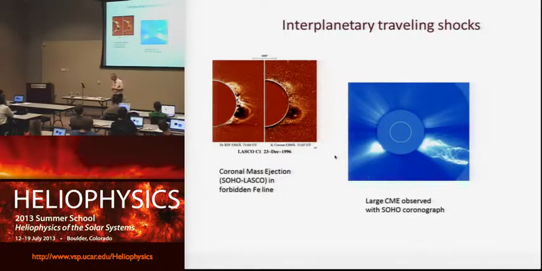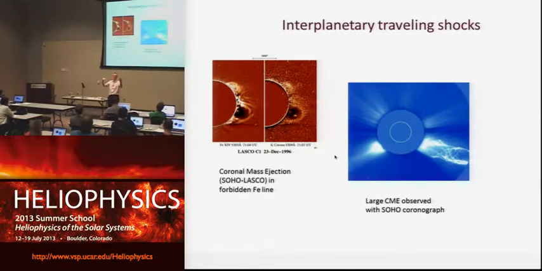So I'm just going to run very quickly through some of the places that you're going to find shocks in the solar system. Almost everywhere you look, you'll find a shock when you have a flow and, as I said, a sufficiently large difference between something that can be an obstacle and something that can be a flow. It doesn't have to be an obstacle as such.